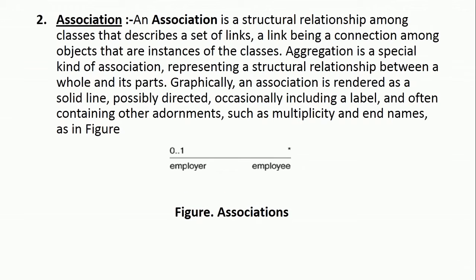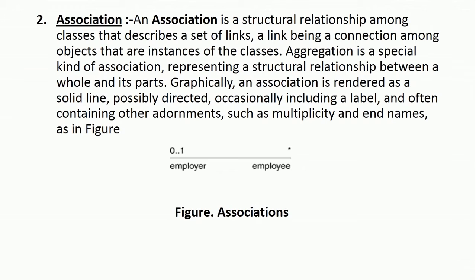Now association. An association is a structural relationship among classes that describes a set of links. A link being a connection among objects that are instances of the classes.